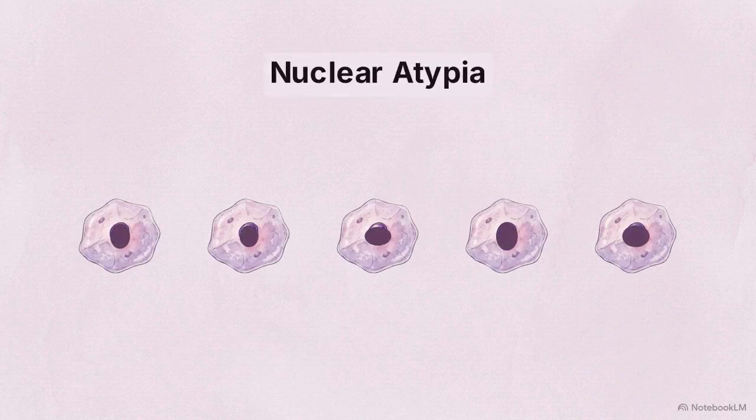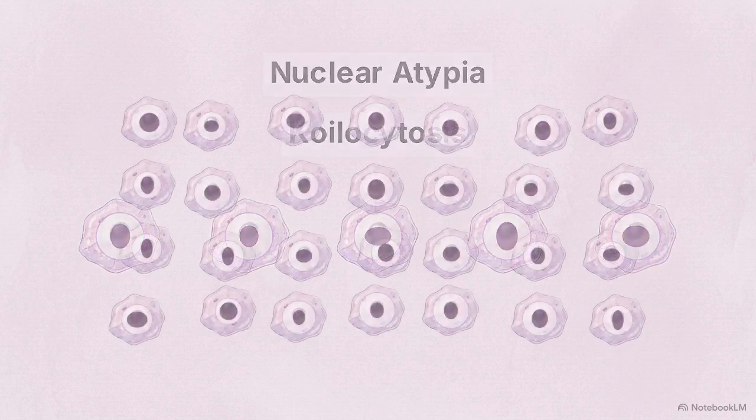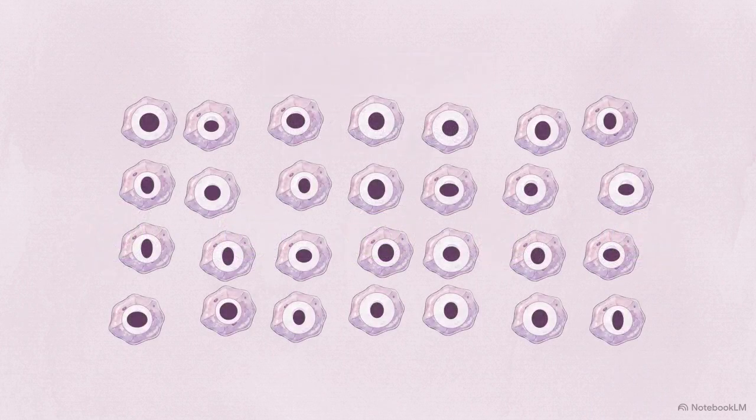Cytologically, the Pap smear is designed to detect dysplastic cells exhibiting nuclear atypia, enlarged hyperchromatic nuclei, and koilocytosis. Koilocytosis is a specific cellular change where the nucleus is surrounded by a clear halo, marking the definitive presence of HPV. Subsequent tissue gene detection identifies the molecular drivers.